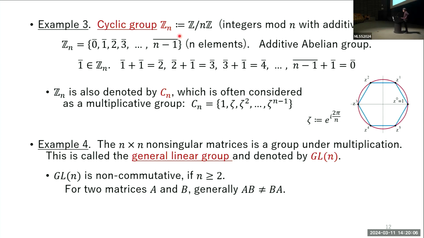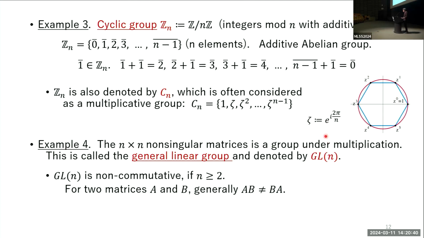And this is called a cyclic group because if we add an element n times, then it comes to the same element. But in some contexts, this cyclic group Zn is considered as a multiplicative group, locating the element on the unit circle in the complex plane.